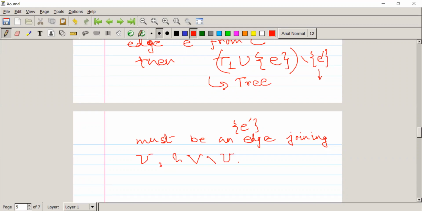It joins the component U and its complement.